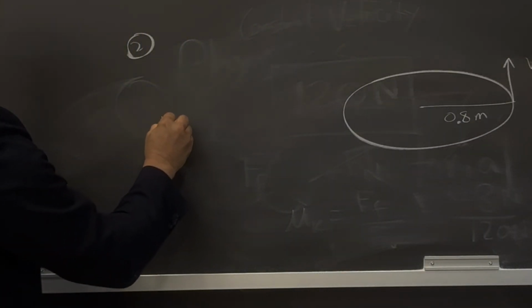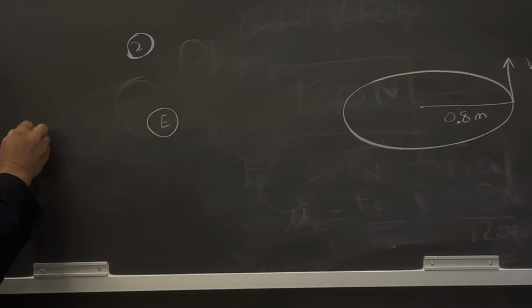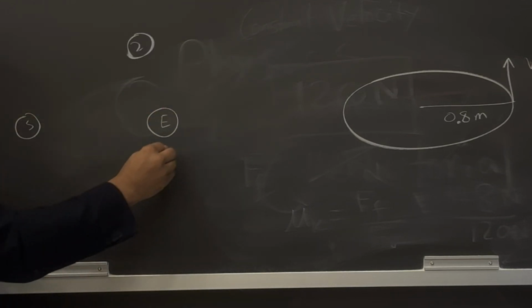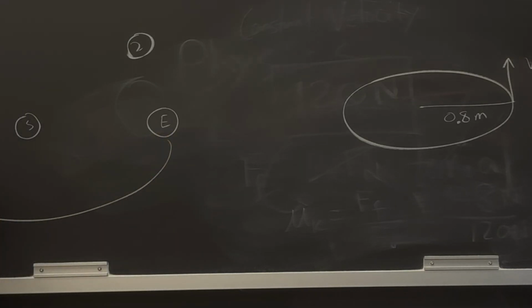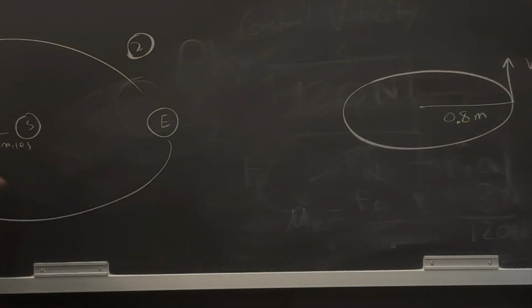The earth is doing the same thing. This is the earth and this is the sun. So earth moves around the sun. Of course the radius is a little bigger. How much? 92 million miles. So what are the differences between 0.8 meter and 92 million miles?